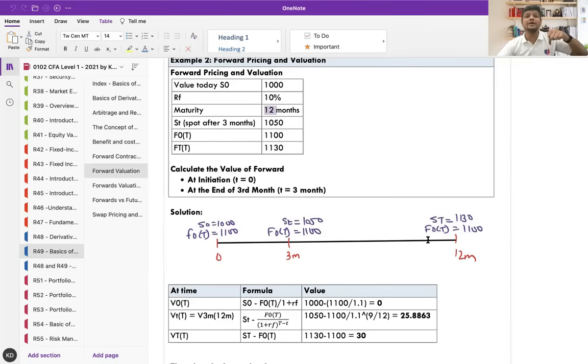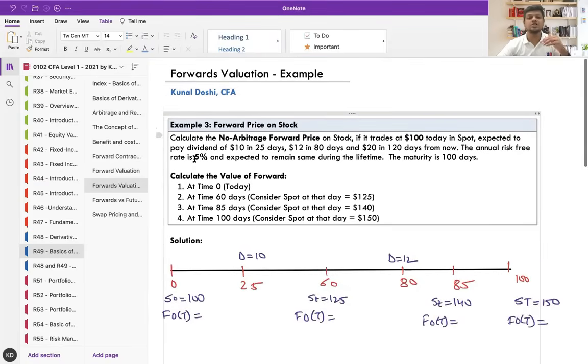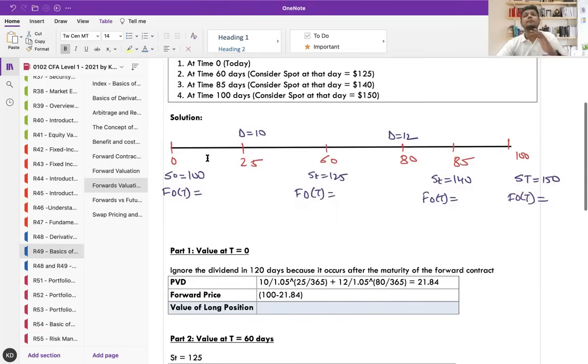But I want to bring something today. The rate of interest is always annualized. It's for 1 year. Clear? Yes. Now in that question, the maturity and the rate both were annualized. Here also the rate of interest is always annualized. So it's 5% for the full year, not for 100 days. But the discounting will always be on a yearly basis.